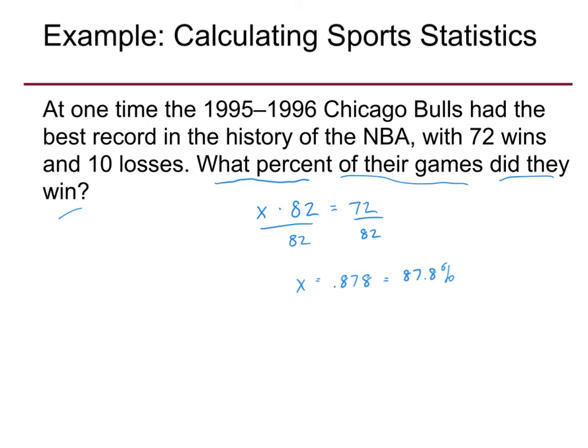Okay, so that one was a little bit more challenging because we had to know to add the 72 and the 10. The 10 didn't actually get put into that equation at all. But it could if the question asks what percent of their games did they lose. But it's always the percent times the total. So in this case, we weren't given the total, but we had to find it by adding the 72 and the 10.